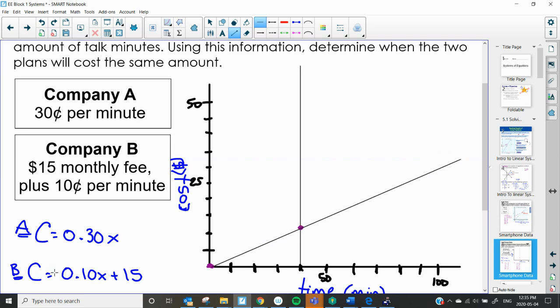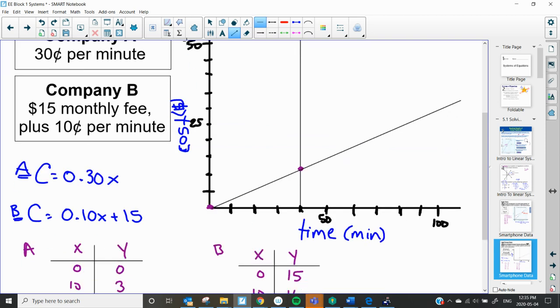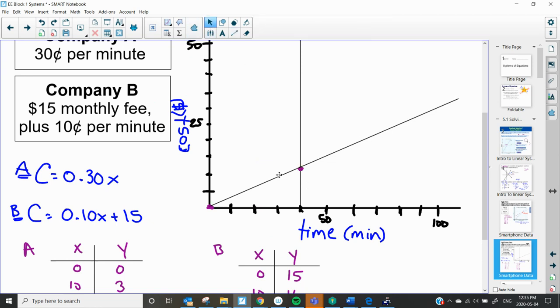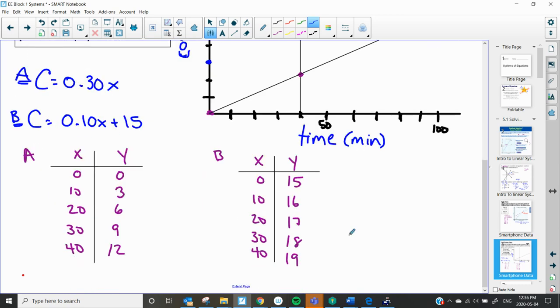Now, if I draw the other graph, I know I'm starting at 15, so 0, 15, 5, 10, 15. But this one isn't as steep, and so we know if we were to follow that pattern, 50 would have been at 20.